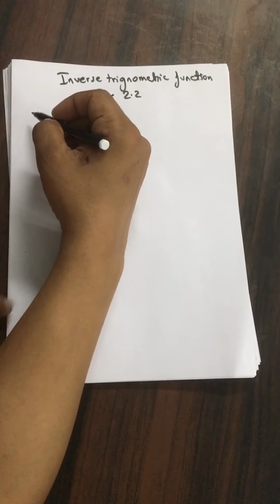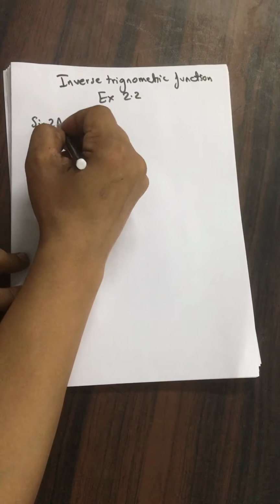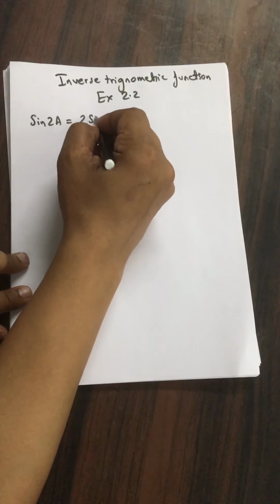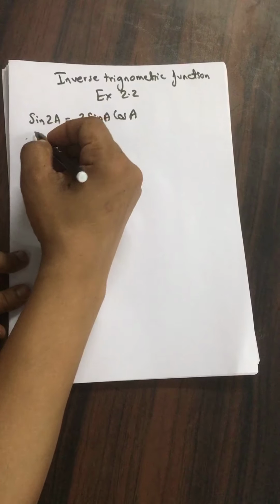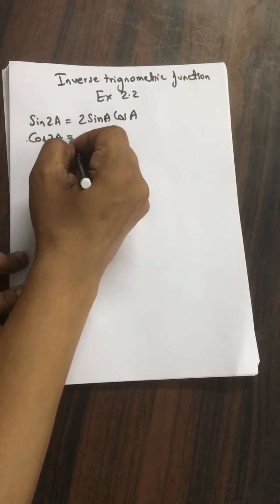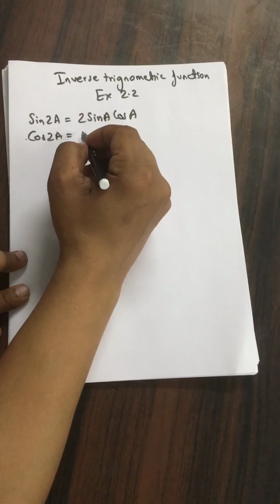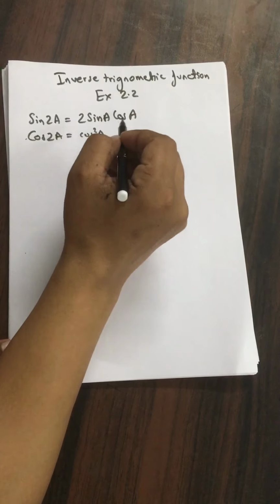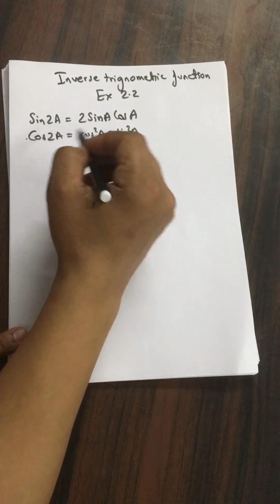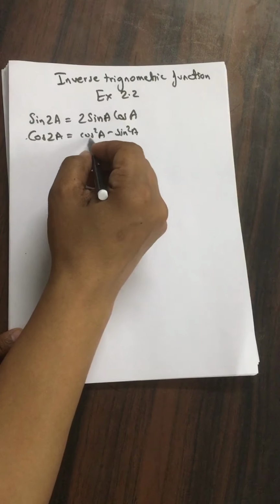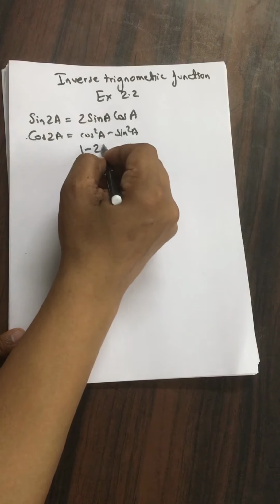Sine 2A, what was that? It was 2 sine A cos A, right? Cos 2A, we had three formulas, right? Cos square A minus sine square A, and if I write cos square A as 1 minus sine square A, it will become 1 minus 2 sine square A.